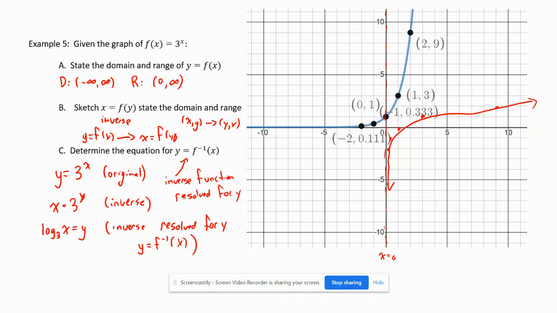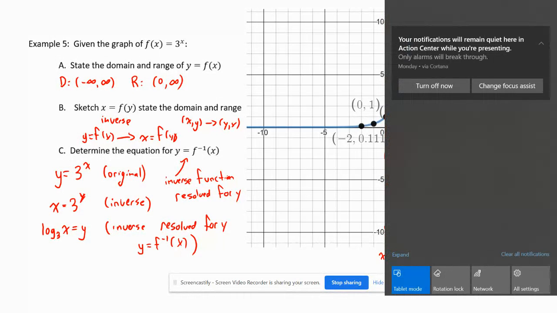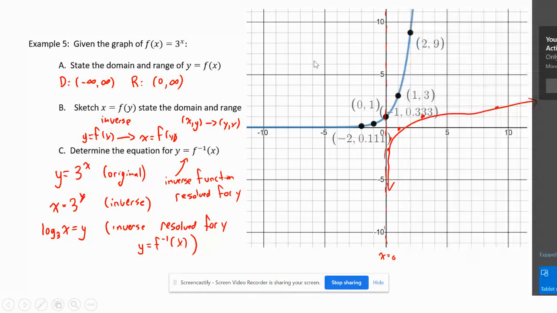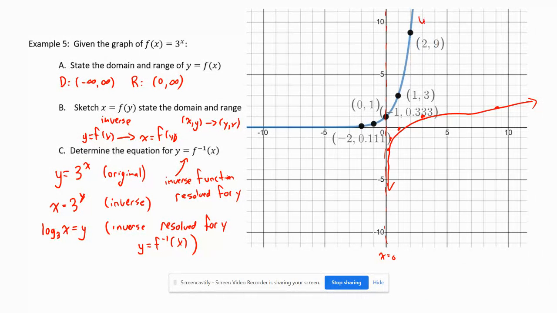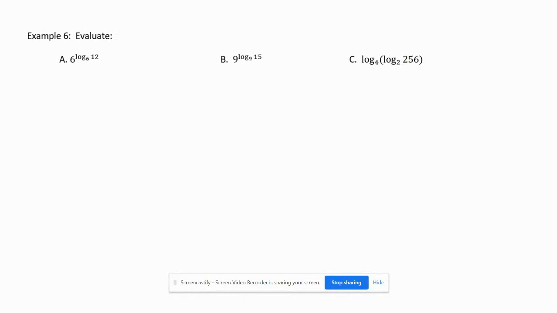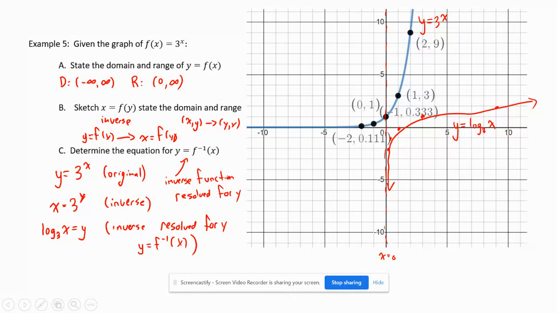So the point we're trying to get is if we have the function y equals 3 to the x, the inverse function is going to be y equals log base 3 of x. And that's what we're doing for this one over here.